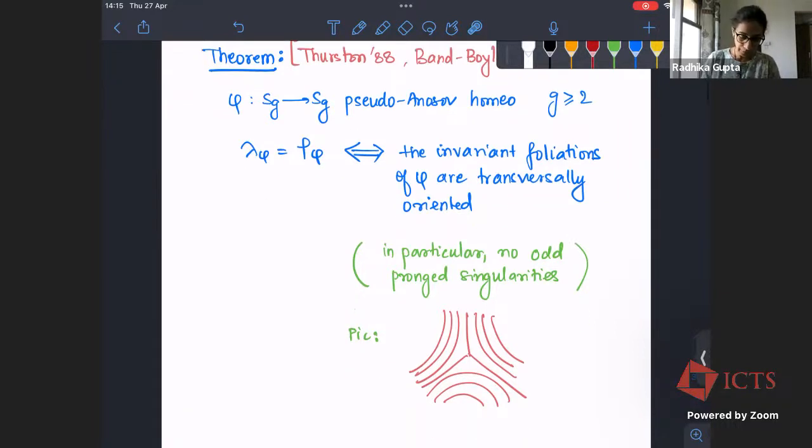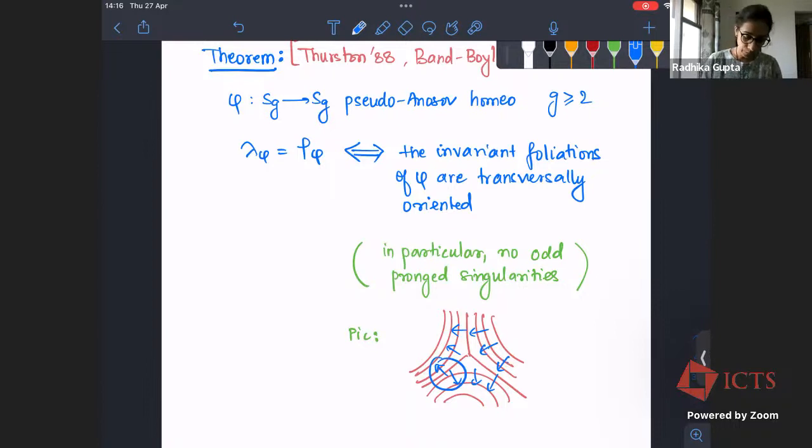So let me just do an example of something that is not transversely oriented. I've drawn one of the foliations. There are some singularities in the foliation because I'm working with genus at least 2 surfaces. A transverse orientation would be like if I go around a loop in this 3-pronged singularity, if I start giving a transverse orientation to my leaves, and if I wanted to go around compatibly, then when I come back, there is a clash of orientation.